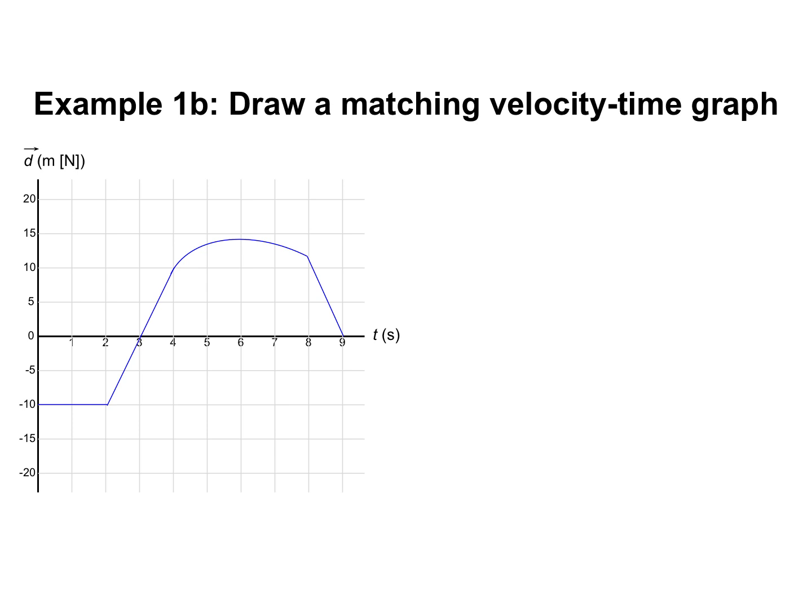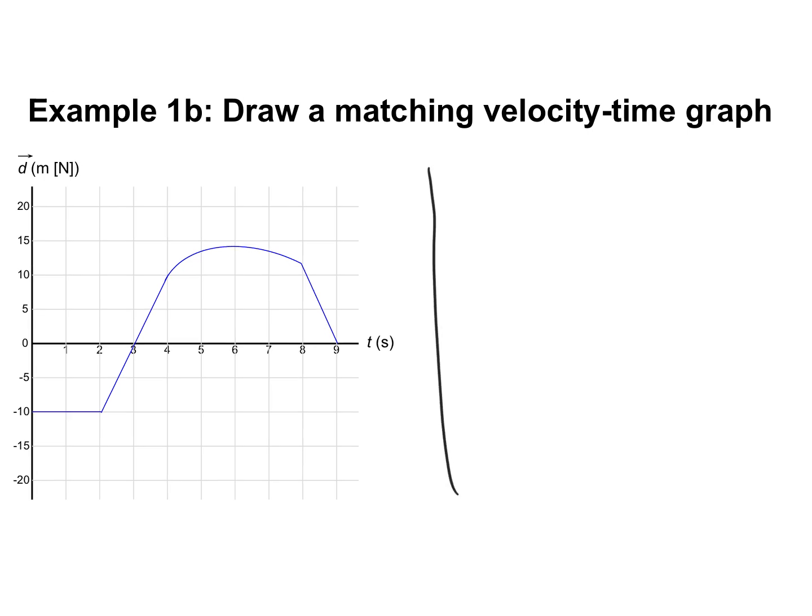Next, we're going to draw a matching velocity time graph. This is the same graph from before, and you might have to draw a matching velocity time graph. To do that, I'm going to first draw some axes. This will be labeled time in seconds. Now this will be labeled velocity, so v harpoon, and the units would be meters per second for velocity.